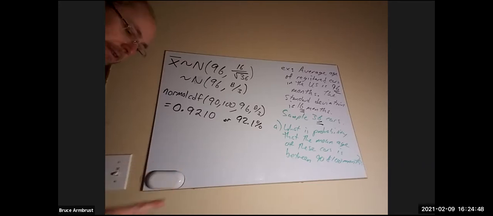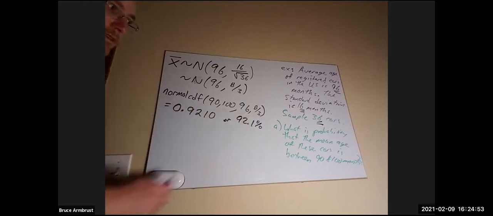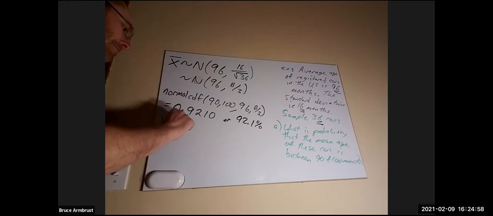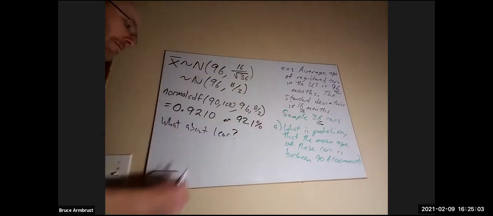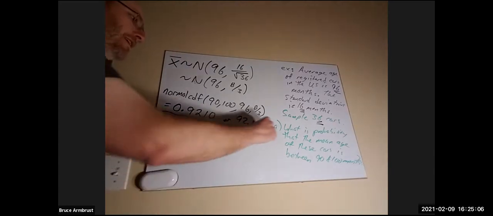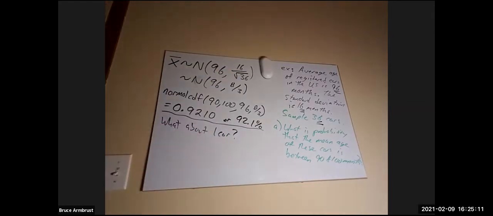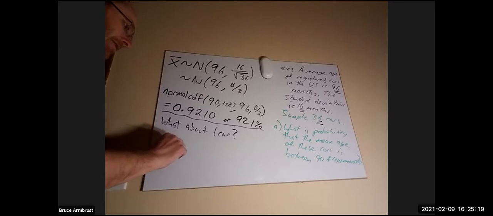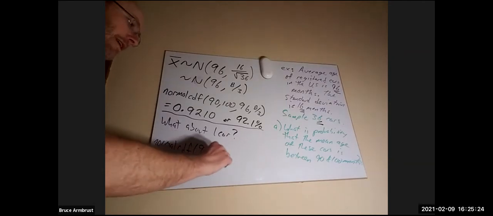All right, now we're going to have a little bit of fun. Instead, let's alter this to, what if it was just one car? What's the percent likelihood that its age would be between 90 and 100? Well, for that, we'd still do a normal CDF, still between 90 and 100.